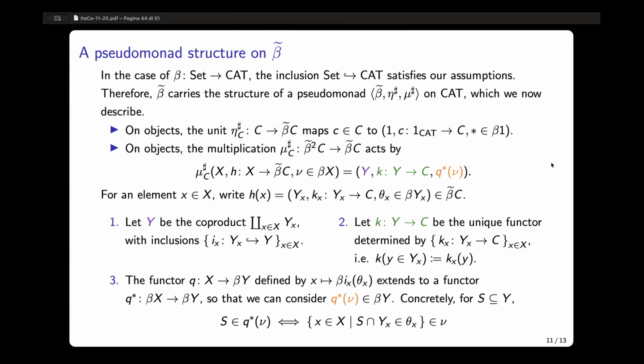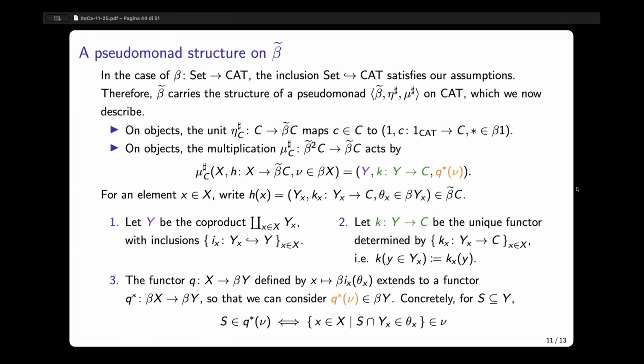So Q star of nu is simply the ultrafilter on Y, the coproduct, which accepts a set S if and only if a nu-big subset of the x's accept the pullback of S along the inclusion, so the component of S inside each piece of the coproduct.